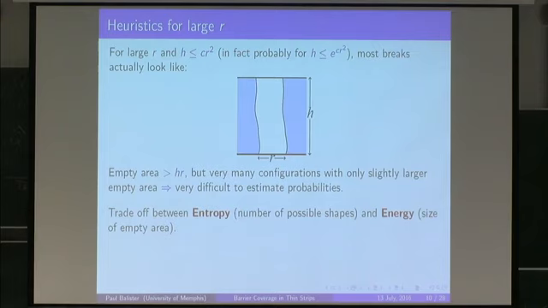And to put it in sort of physics terms, there's a trade-off between the entropy, which is, in some sense, the number of shapes, and the energy, which is the size of the empty area. So the energy, the bigger the area, the more difficult it is for these things to occur. But if you have a lot of them, they can gang up on you and still be more likely.